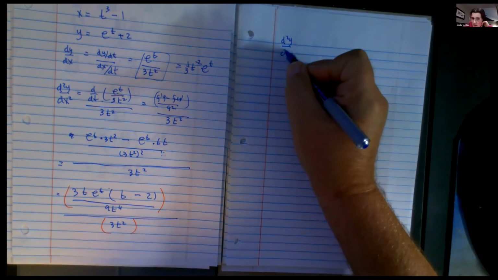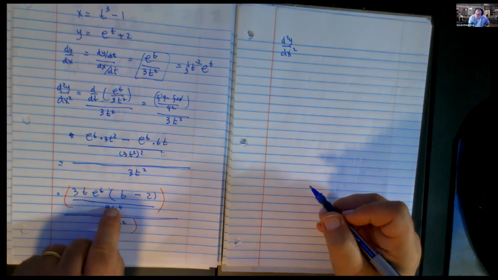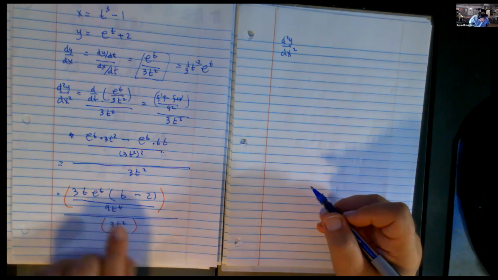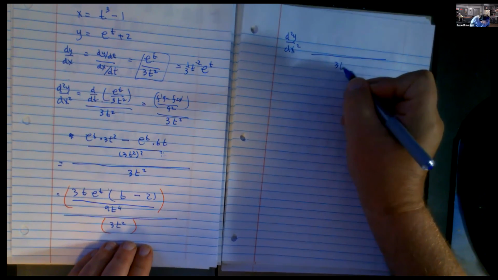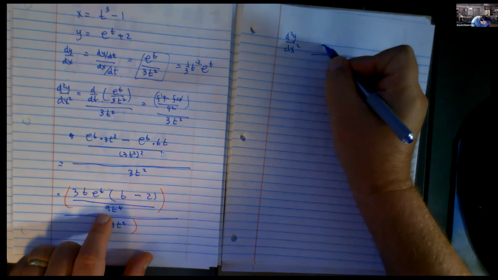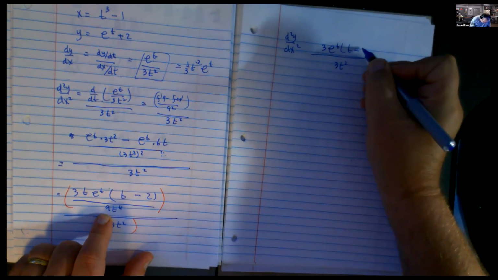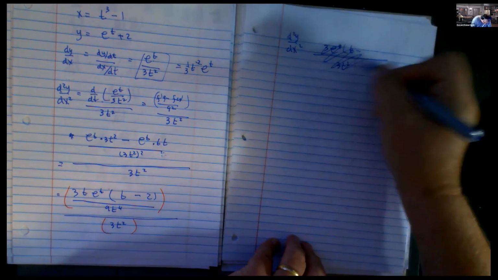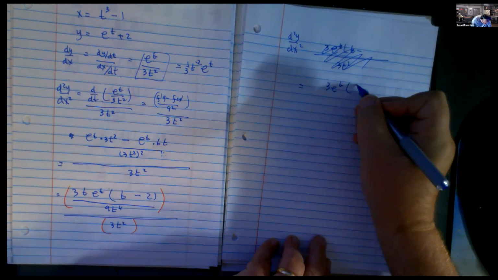You divide by 3t. Okay, so 3t cancelling out with this 3t. Okay, so I'll just leave the bottom as 3t squared for the time being. That cancels, that partially cancels, so it's going to get me 3 e to the t, t minus 2.